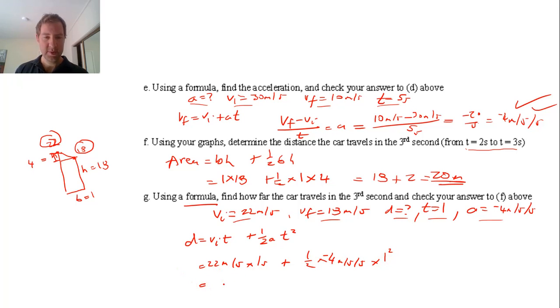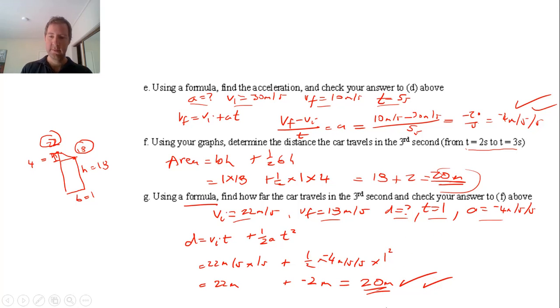So that's 22 times 1 is 22 meters, plus 1 squared is 1, half times negative 4 is negative 2 meters. 22 plus negative 2 equals 20 meters. Same answer as this one. Hooray! I think that's it. It is.